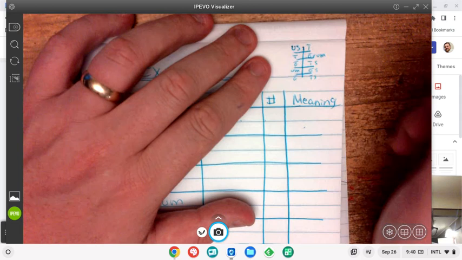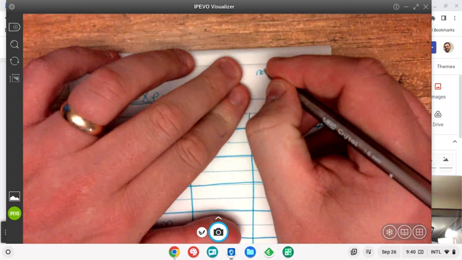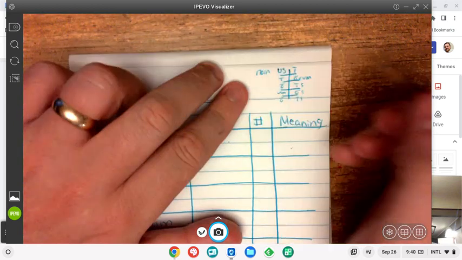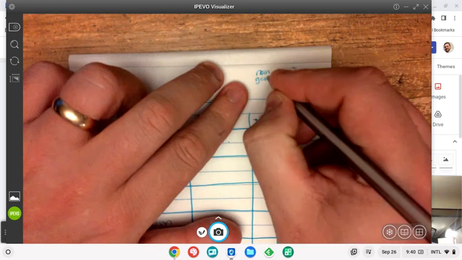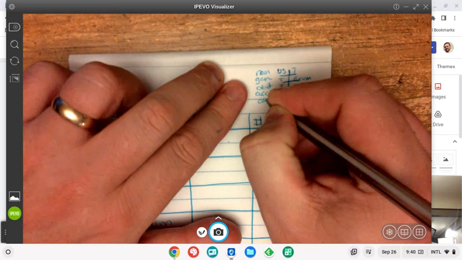Okay, so now we can refer to that. Of course, that doesn't help you if you don't know the different cases and the order that they go in. They go nominative, genitive, dative, accusative, ablative.